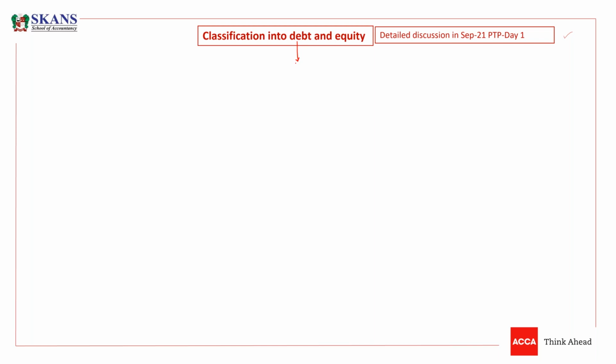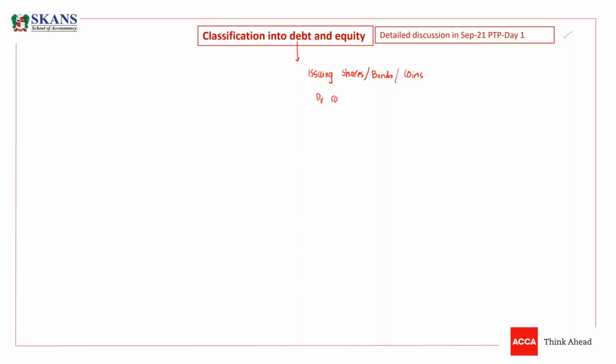So if I am issuing certain shares, certain bonds, even certain coins, and against these shares, bonds, coins, I'm receiving some cash, what should be the journal entry, guys?